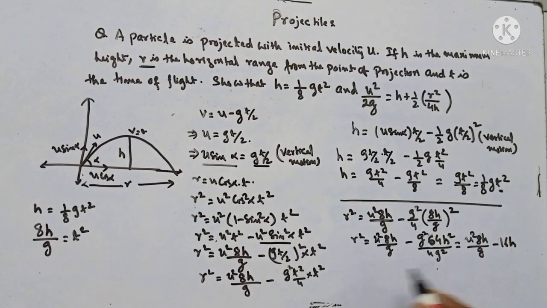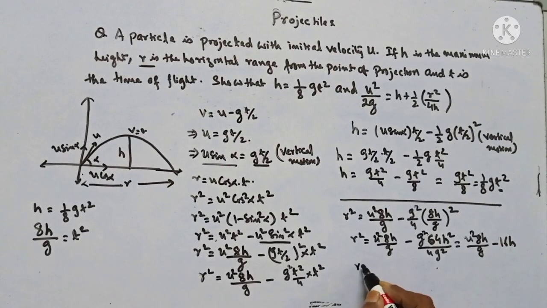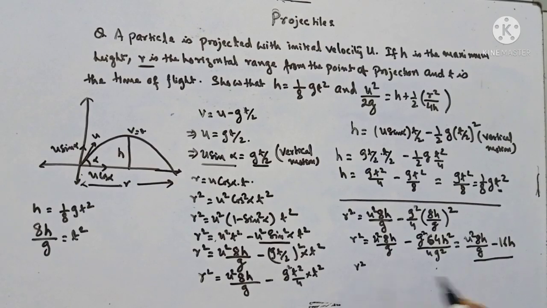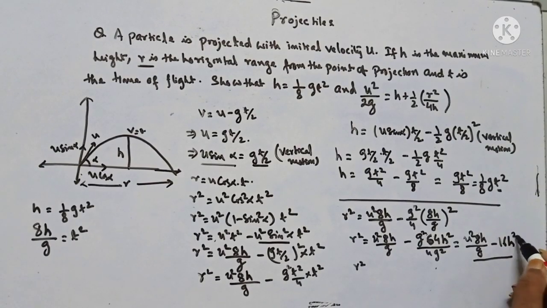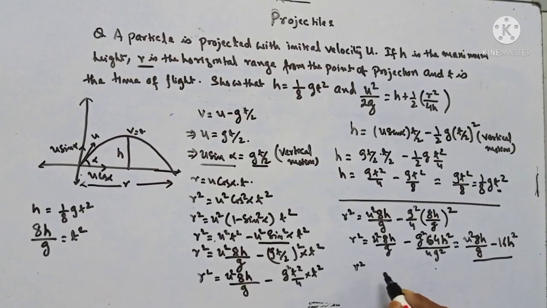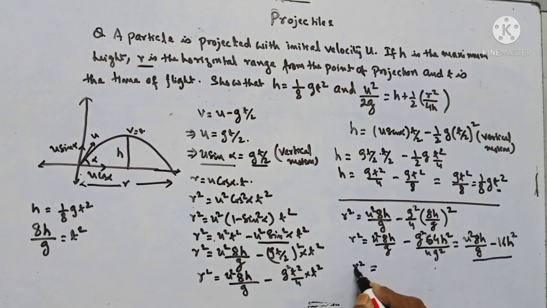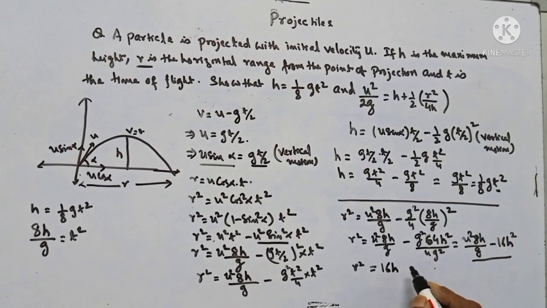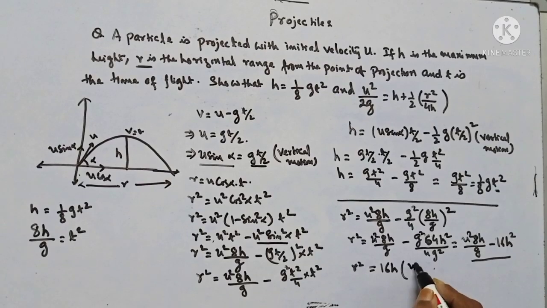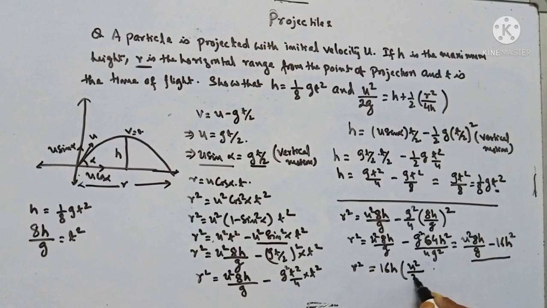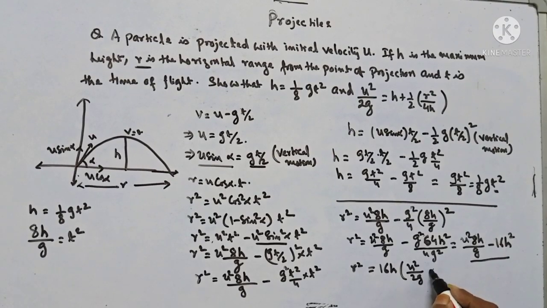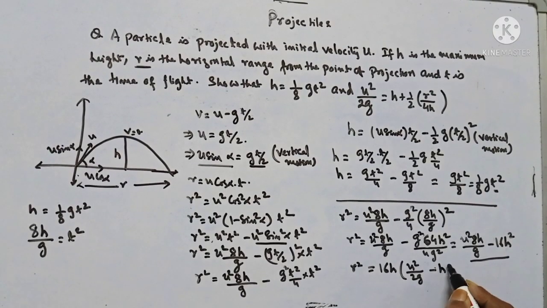So now here your r square, if you take 16h common, then here it will be u square by 2g minus h.